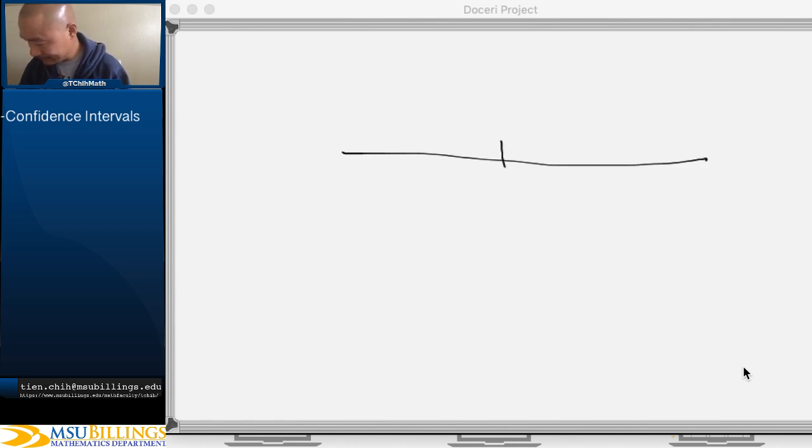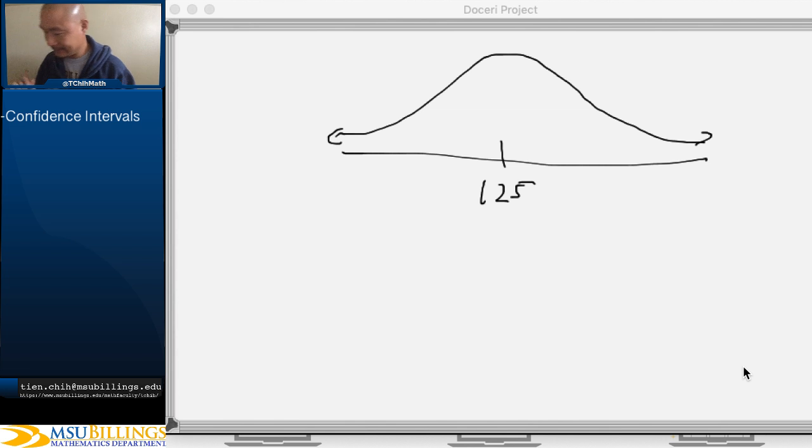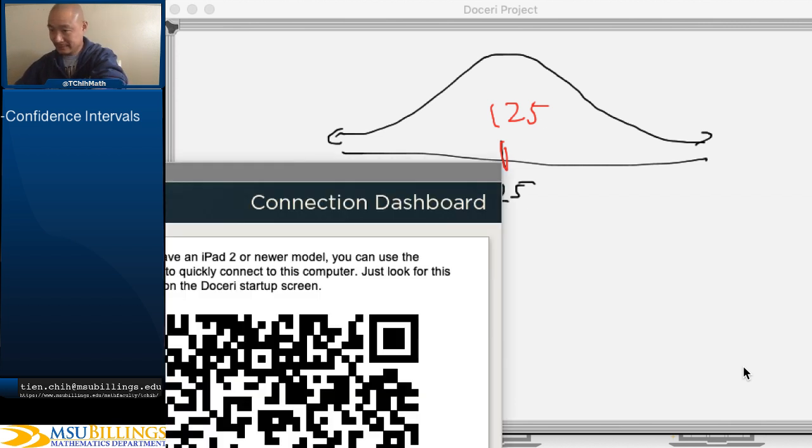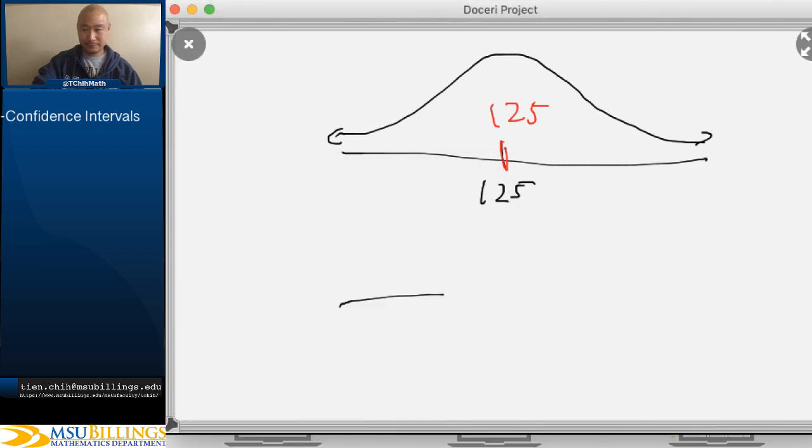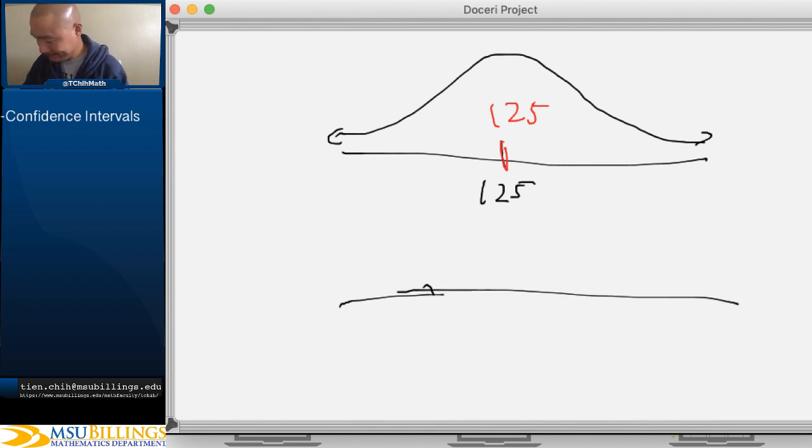It is possible, right, that maybe the average weight of purple microelephants really is 125. And then our 125 just happens to be right there, right on top of it. It is possible that the average weight, let's say it's a lot less than 125.